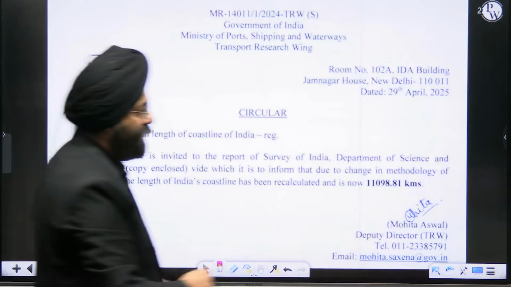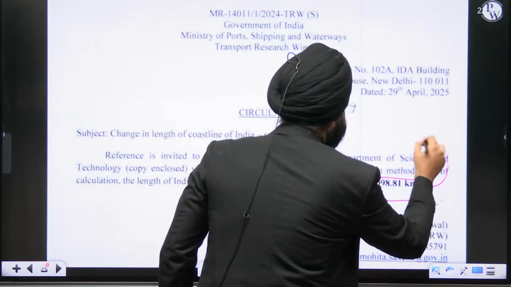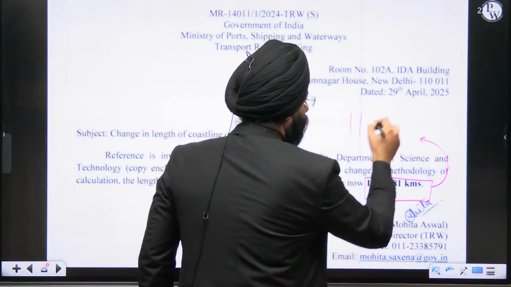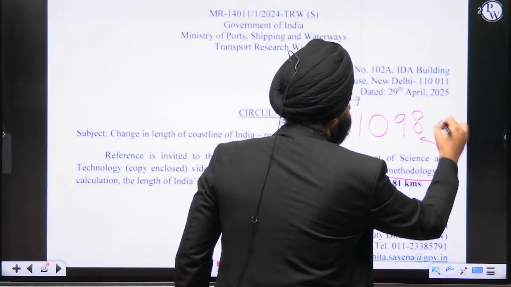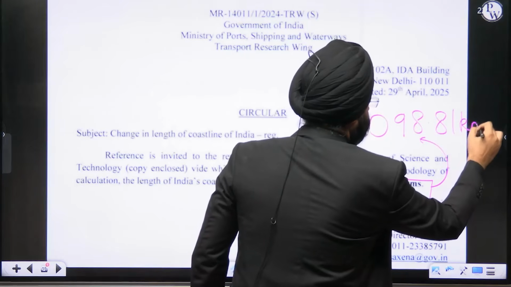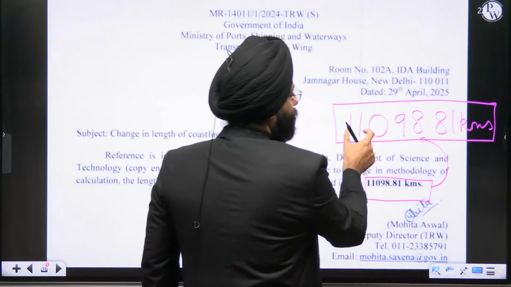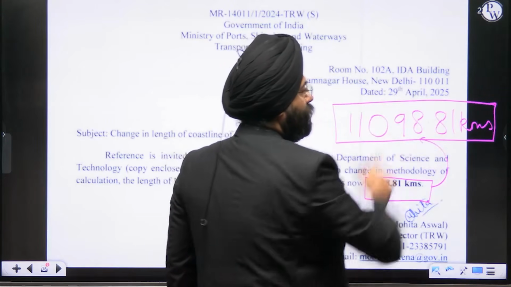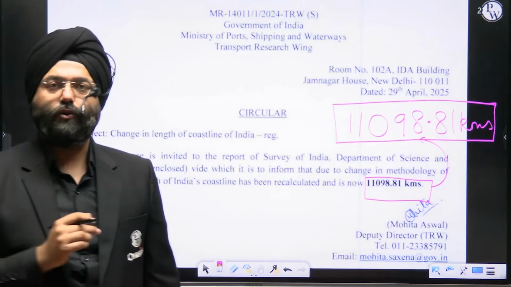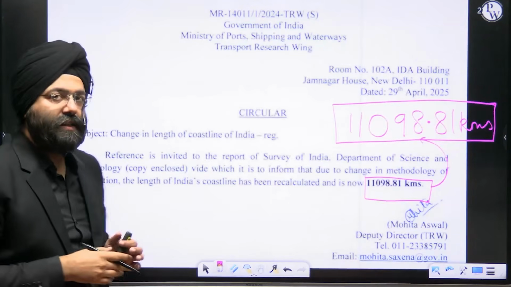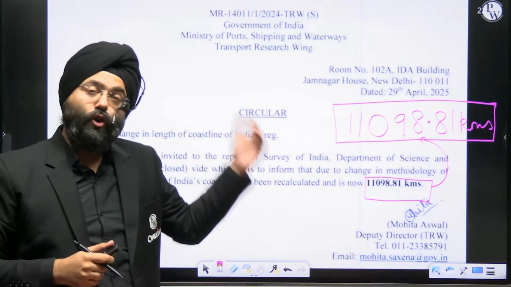This circular makes the coastline 11,098.81 kilometers. This is the updated coastline with respect to India. So please remember this. You have to follow this particular figure for your examination.